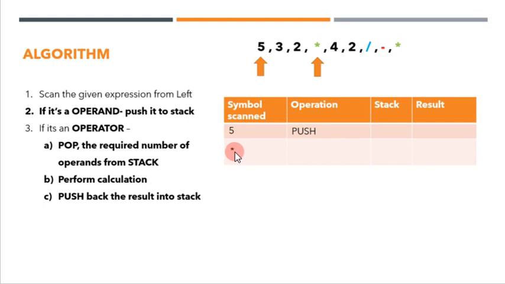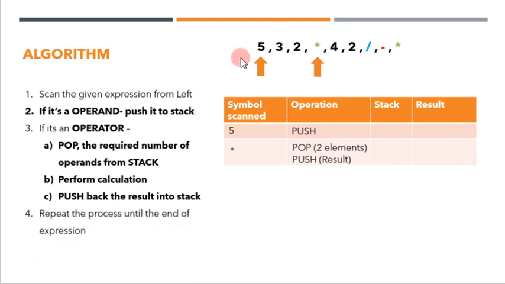So multiplication is a binary operator, so you are going to pop 2 elements from the stack, perform the calculation, and you obtain a result, and finally that result needs to be pushed into the stack. Fine. So depending on the operator scanned, you are going to take enough operands from the stack, perform the calculation, and push the result back into the stack. Cool. Repeat the steps again until you reach the end of the expression.